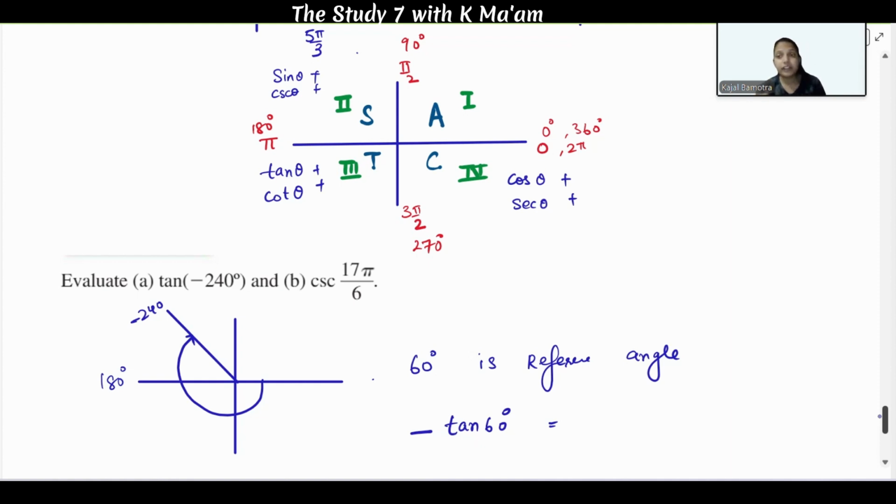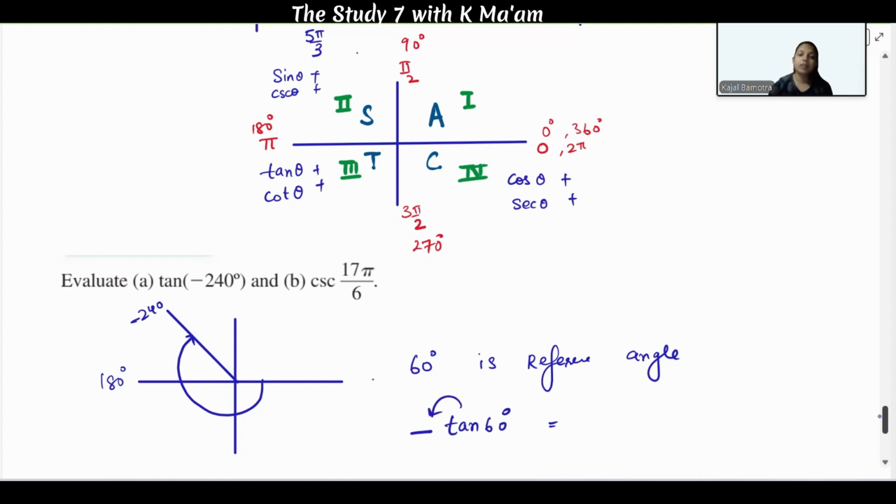After writing the reference angle, you have to check in which quadrant the given angle was. If that particular trigonometry ratio is positive there, leave it positive. If the trigonometry ratio is negative in that quadrant, use a negative outside the trigonometry ratio.